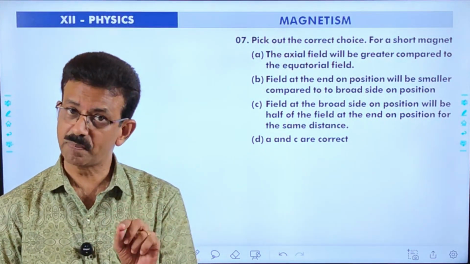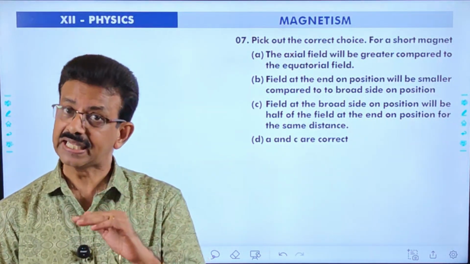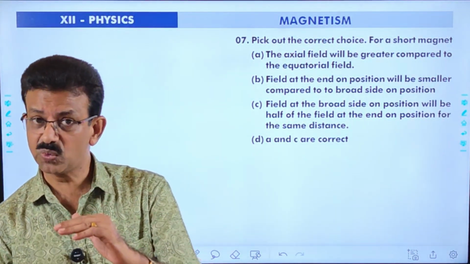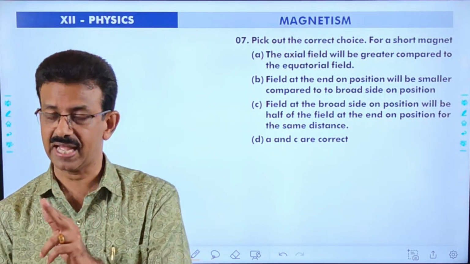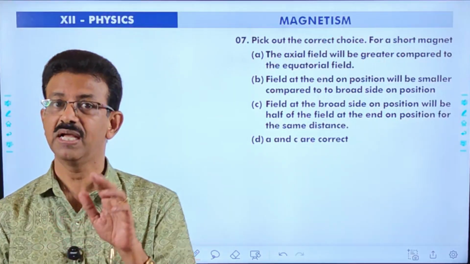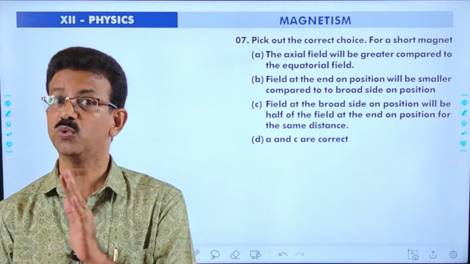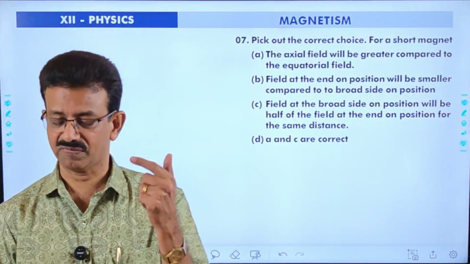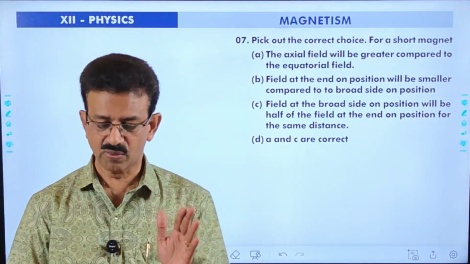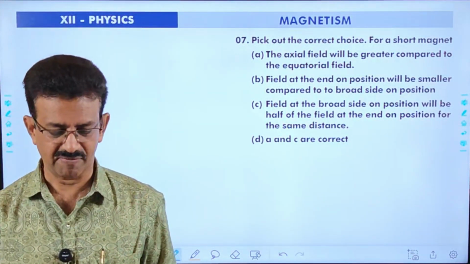That is, for a short magnet, actually, the axial field has a magnitude twice that of the equatorial field. One p by r cube, other one 2p by r cube. Axial field is mu by 4 pi 2p by r cube, which has twice the magnitude as that of the equatorial field. Now let's select the choice one by one.